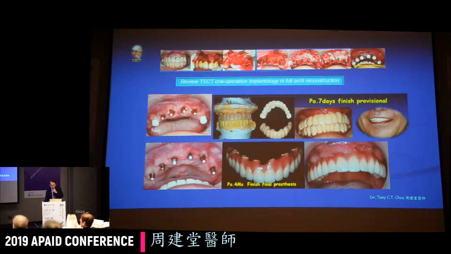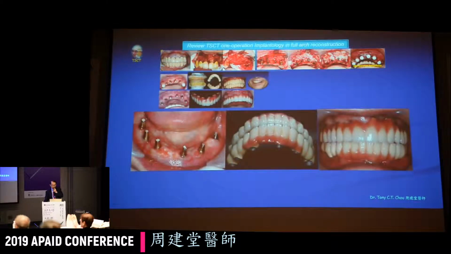This is the overview. In the meanwhile, we finish the mandible full arch reconstruction the same way, and now we have maxilla and mandible full mouth implant reconstruction.